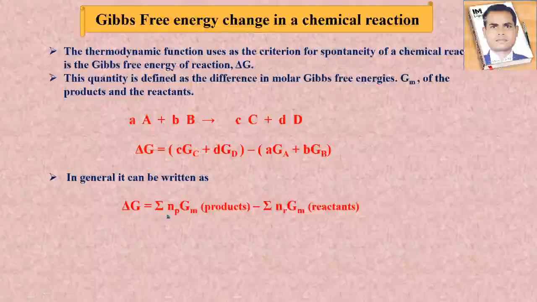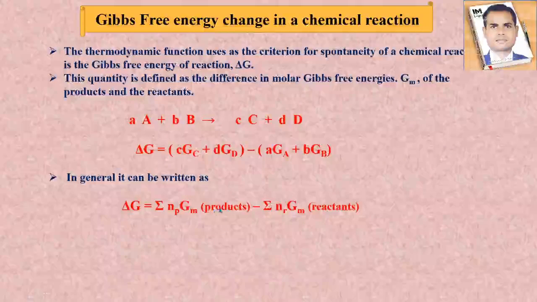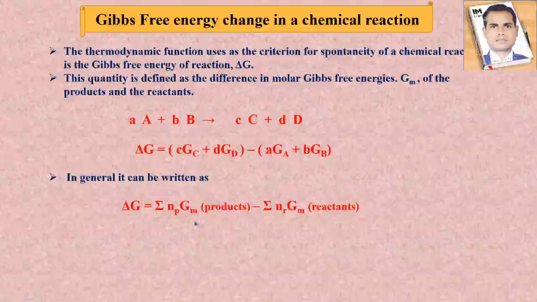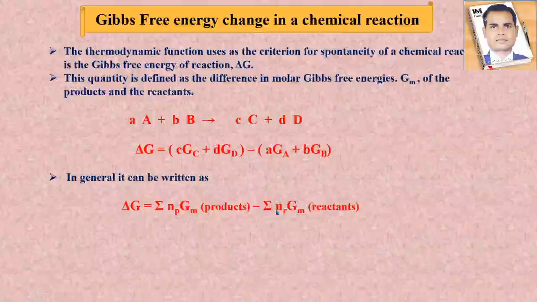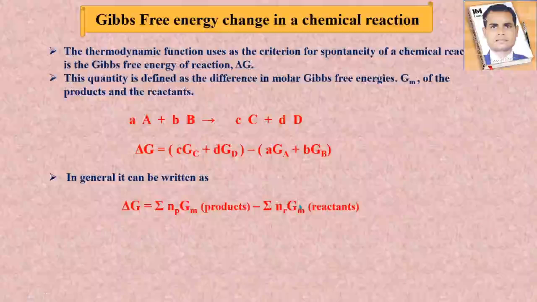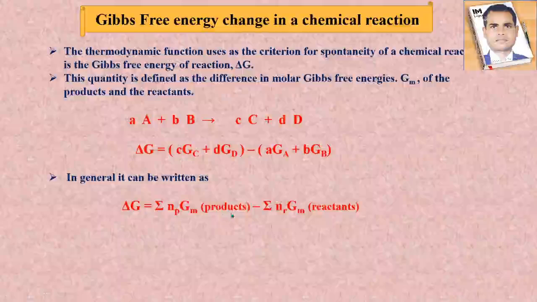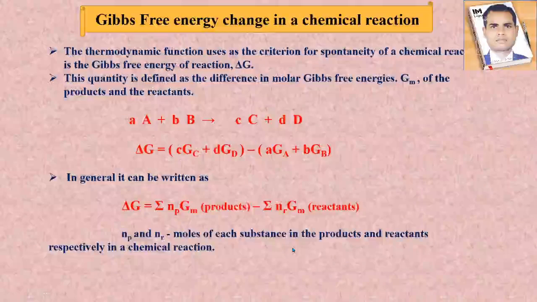delta G equals summation of n at the base P, capital G at the base M for the product. Okay, so this is for the product, and minus summation of n at the base R, capital G at the base M for the reactant. So the product minus reactant, right?